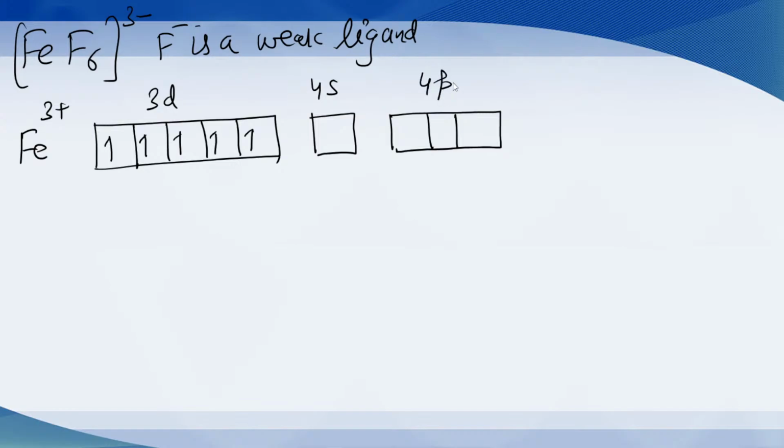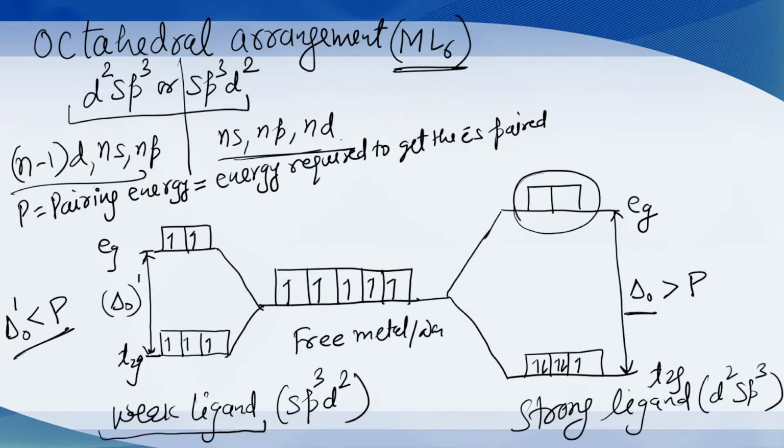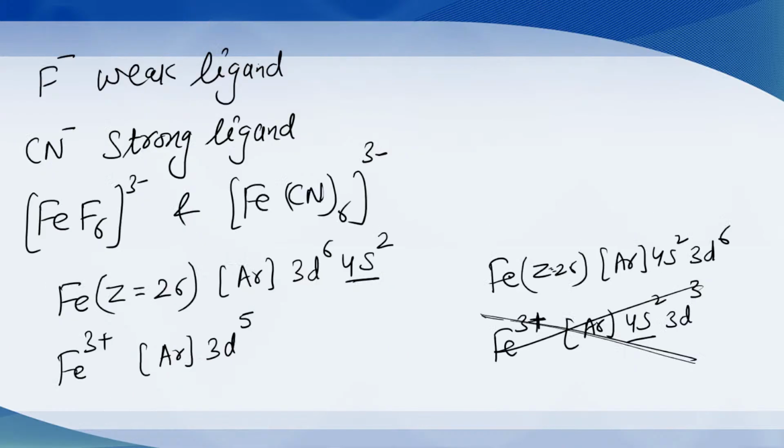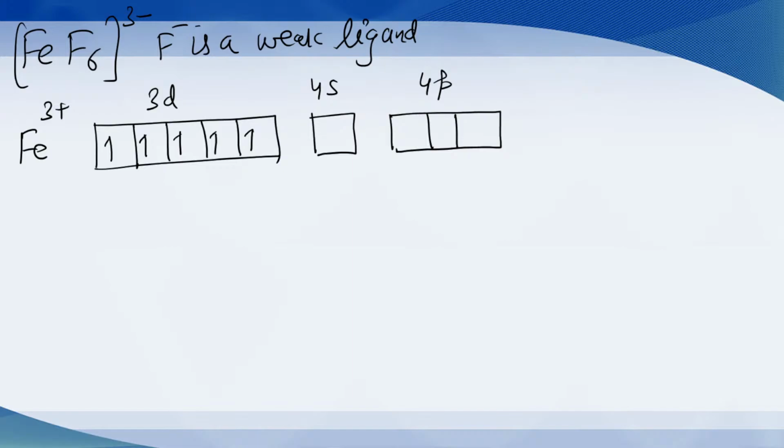Therefore, pairing energy is more. The energy required to get the electron paired is more than the energy required to shift the electron to the eg. So electrons are easily transferred to eg and there is no pairing at all, because of the nature of fluoride, a weak ligand.